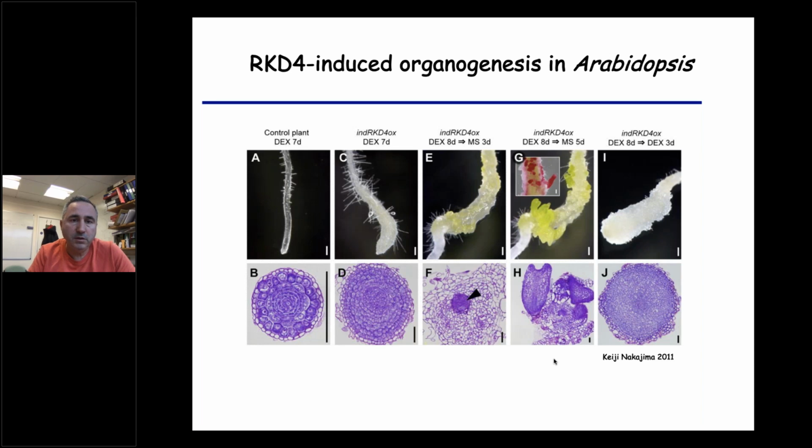But what is interesting is that the induction of this transcription factor leads to the rapid proliferation of cells in these organs, and then the release of the induction allows the induction of embryogenic programs, which is what you see here in roots. So these are little somatic embryos that develop on the surface of a root. And this allows the direct cloning or regeneration of plants from any organ. So this is an example from roots, but I could give you an example from leaves or stems.